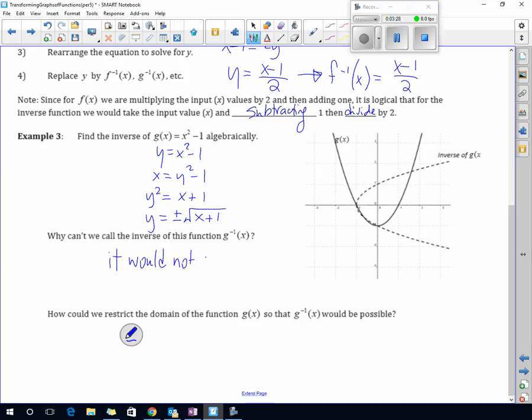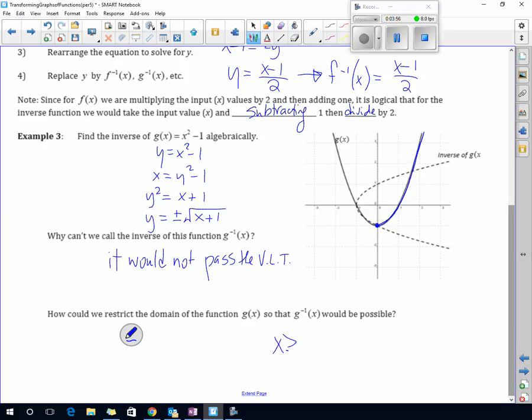So how can we restrict the domain of g of x so that the inverse of g would be possible? Well, if we only have part of the parabola, the positive part, so we could say x is greater than or equal to 0, then only this part would be the inverse, and that would pass the function test.